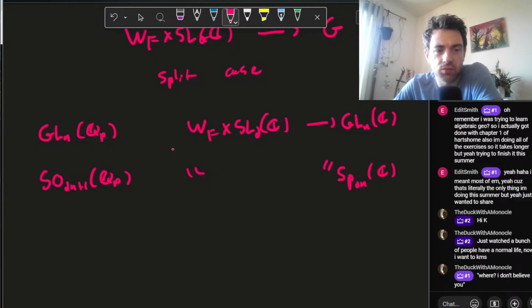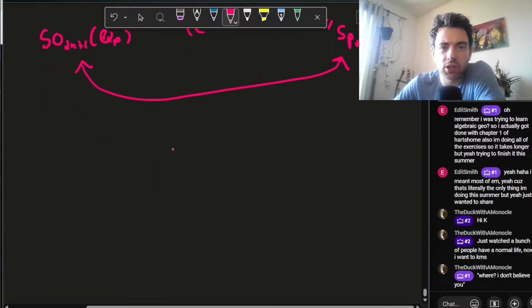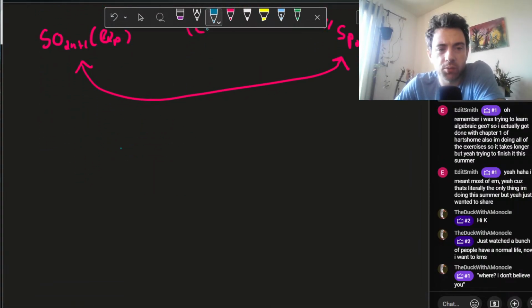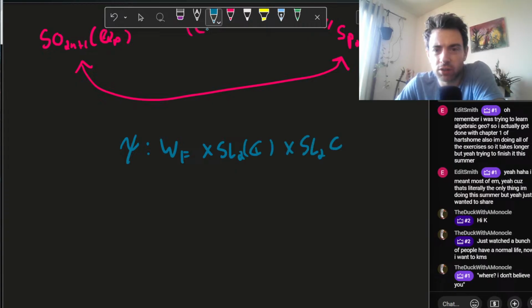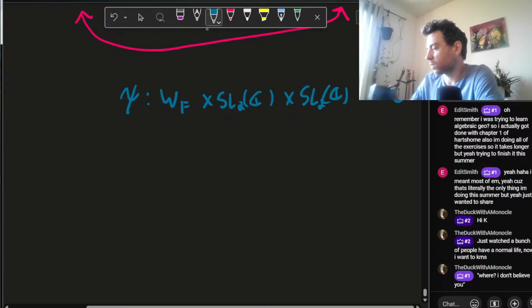And then also vice versa. And so an Arthur parameter is actually a very simple thing. An Arthur parameter is now just going to be, instead of one SL2 factor, we have a second SL2 factor. So that's pretty simple.